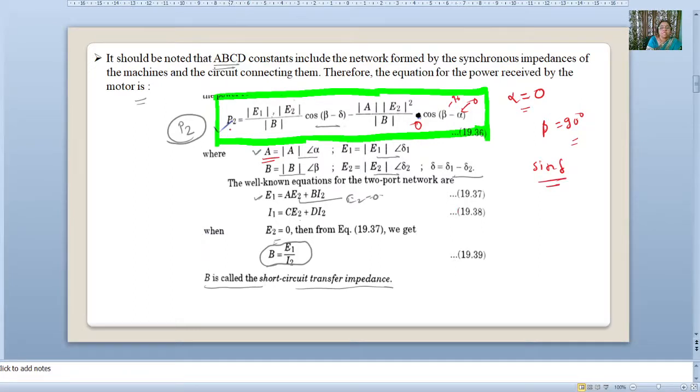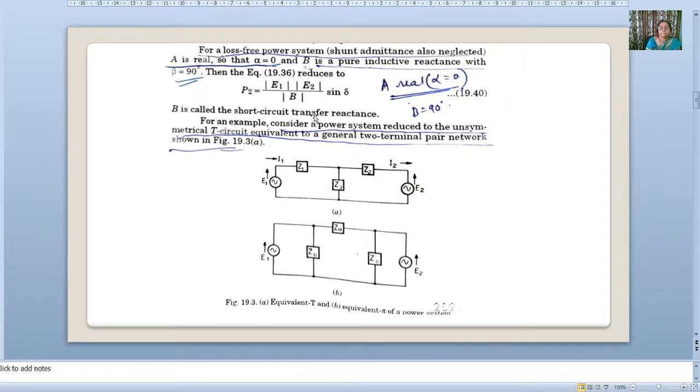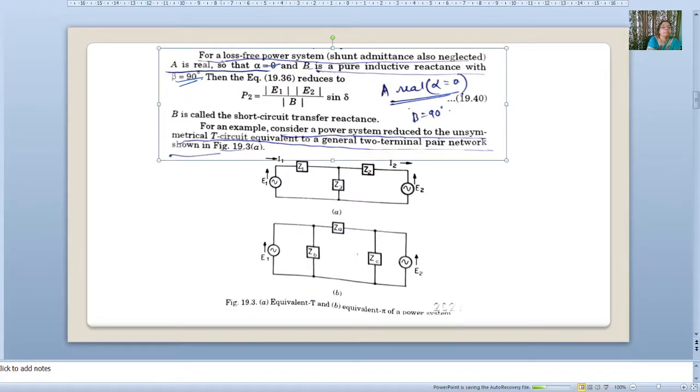So this equation will be E1 into E2 by B into sine of delta. So when we consider a loss-free or lossless system, the equation is this. We have already used this equation in solved problems.